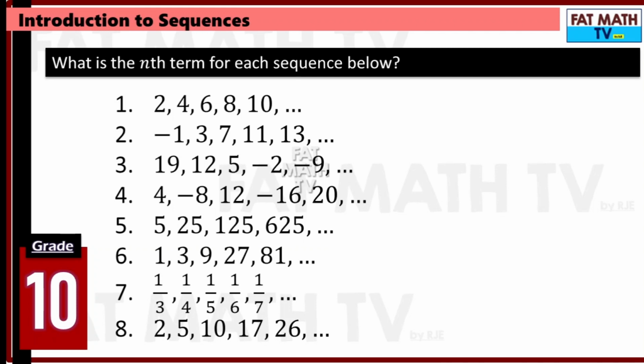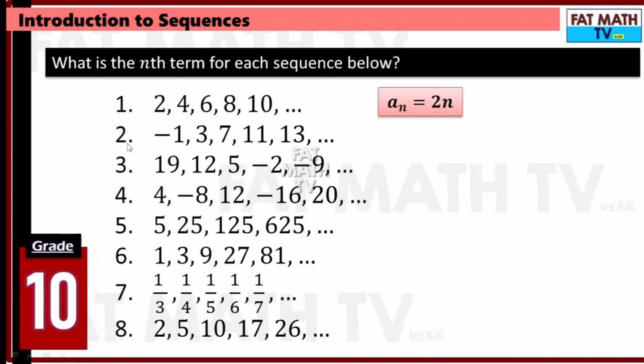In number 1, as you can see there, it's just like 2 times 1, 2 times 2, 2 times 3, and so on. So a sub n is 2n. Because here, it increases by 2 from the first term to the second, from the second to the third, so it's times 2 for the n.